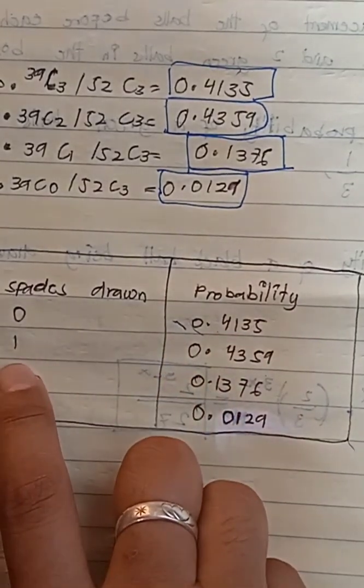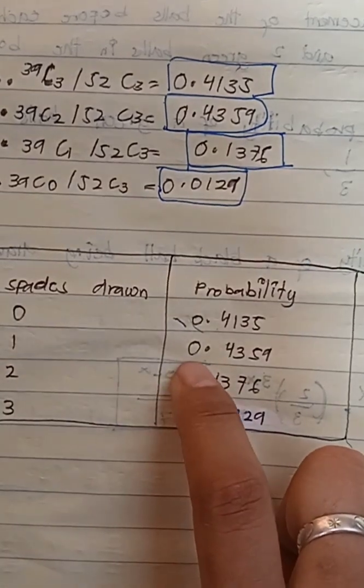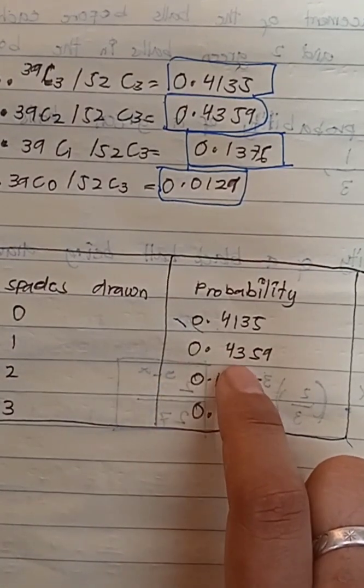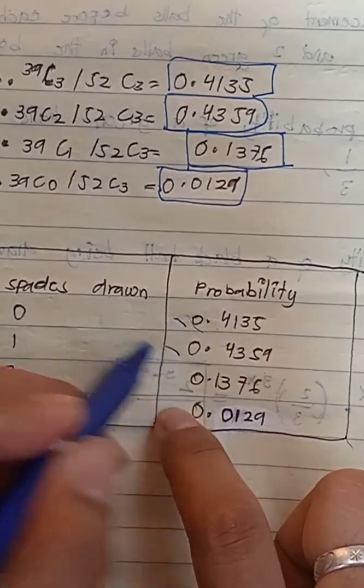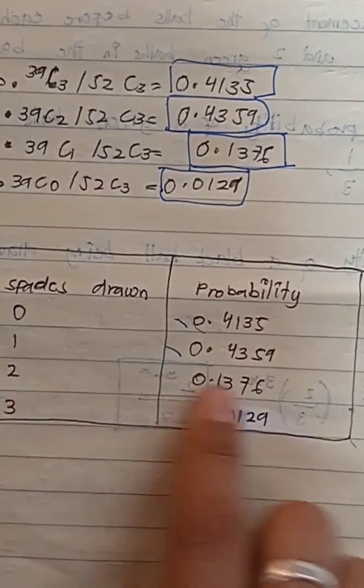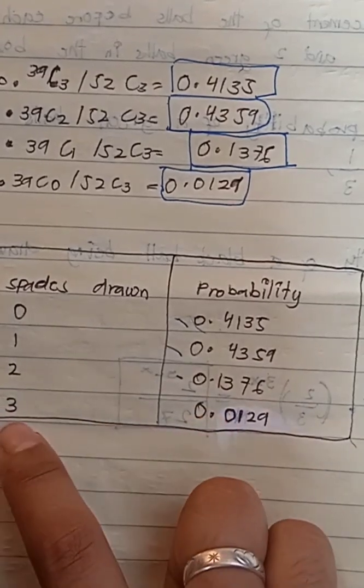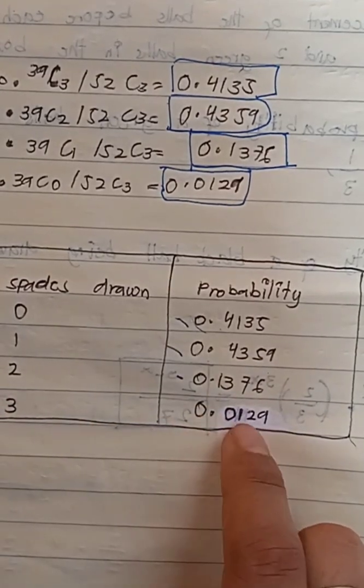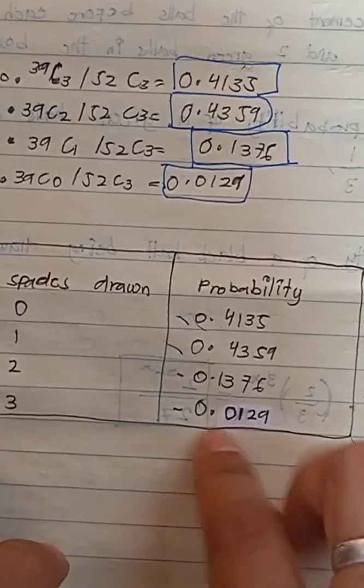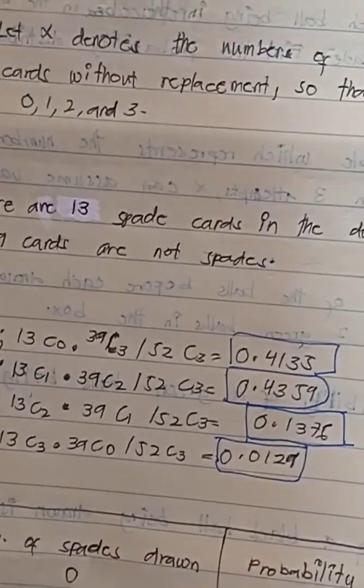So, sa number 1 naman po, yung probability niya is 0.4359. Tapos, sa number 2 naman po is 0.1376. And sa number 3 naman po is 0.0129 po. So, ito po yung sagot ng number 2.